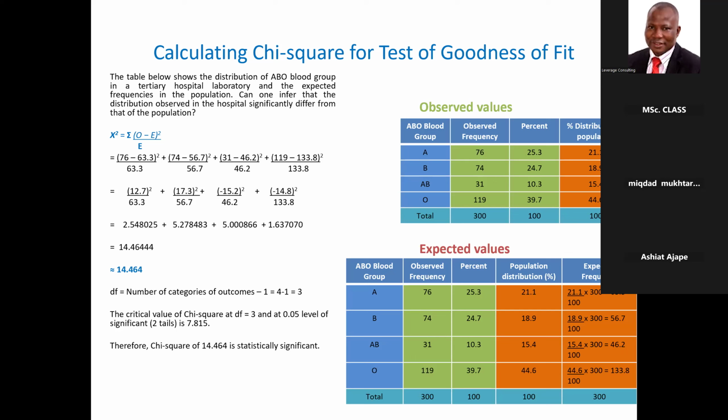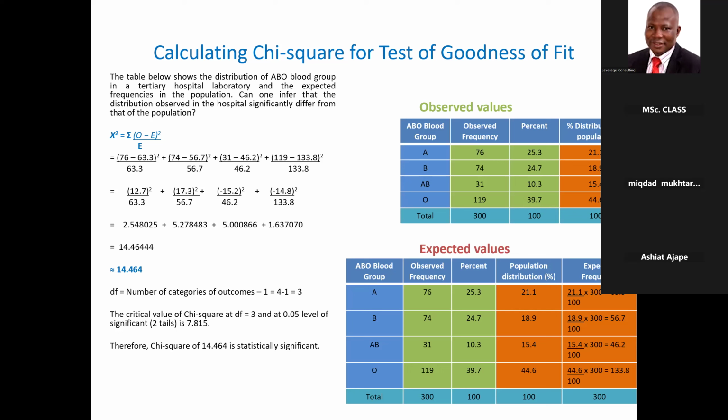So how do you do it? Look at the example: the table below shows the distribution of ABO blood group in a tertiary hospital laboratory and the expected frequencies in the population. Can one infer that the distribution observed in the hospital significantly differs from that of the population?